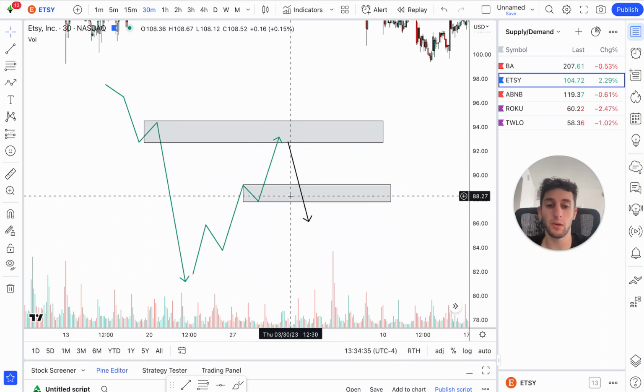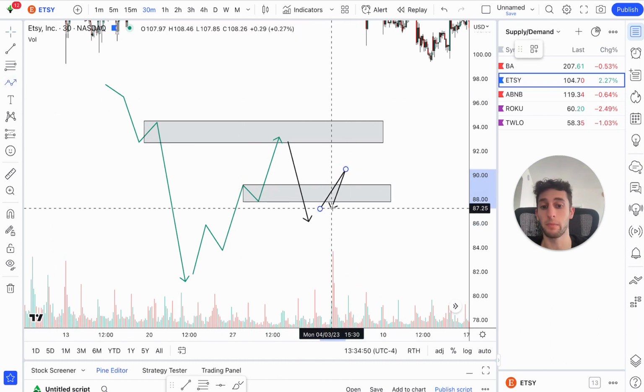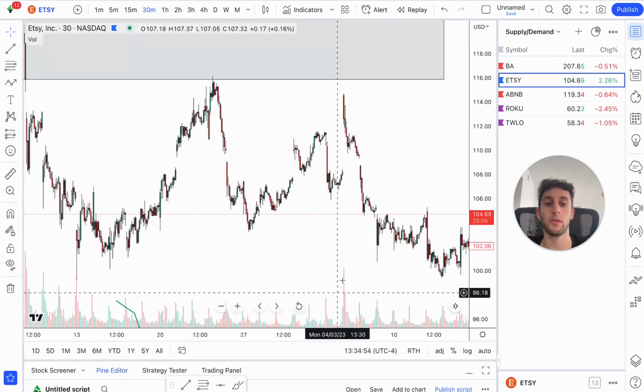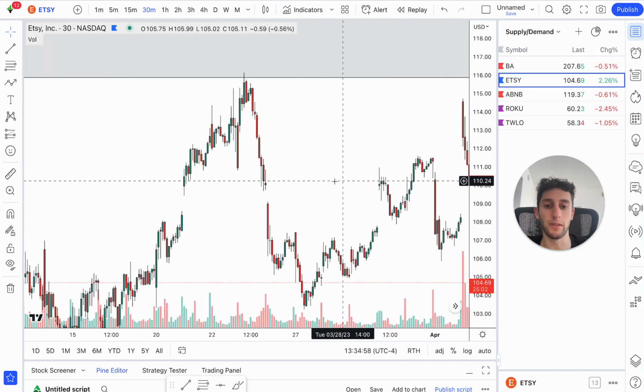But if this demand zone is not holding, then that means sellers are in control. And if sellers are in control, then we have confirmation that we can look to go short, okay? And so we simply just wait for a pullback, or right when that breaks, we can get in short and target down lower. So in this example here, Etsy, let's find our nearest demand zone.